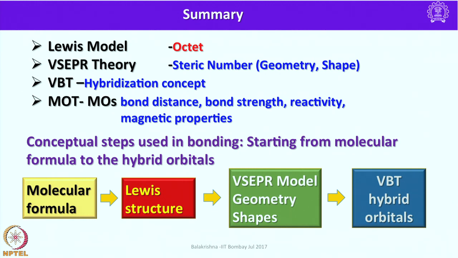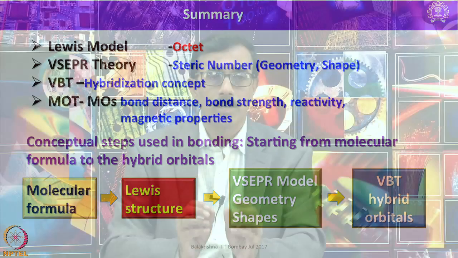So, the octet model is given importance, whereas VSEPR theory gives emphasis to the steric number, and the steric number is nothing but the number of bonded pairs plus the number of lone pairs, and how we can dispose these steric numbers from the central atom away from each other to minimize interaction.